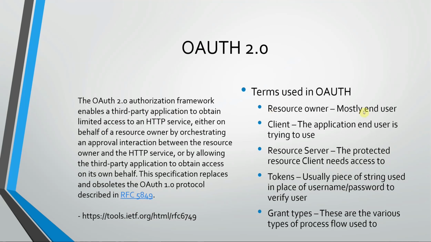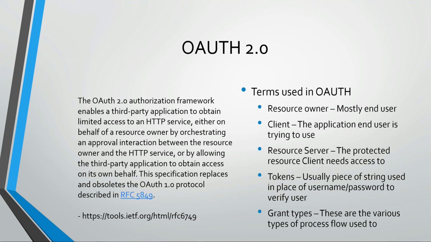Resource owner, that's the most commonly used term in OAuth. Resource owner represents the end user. That's the person who's going to have the username and password, or the person who needs to be verified or authenticated. And the client, it's most likely the application that's trying to let the resource owner gain access to the protected resource.